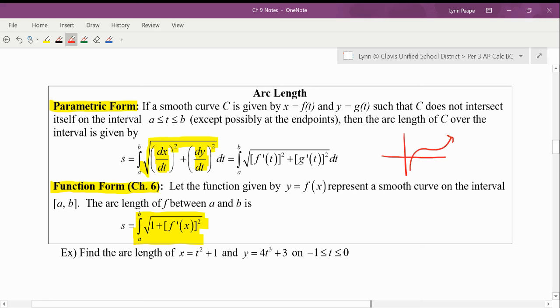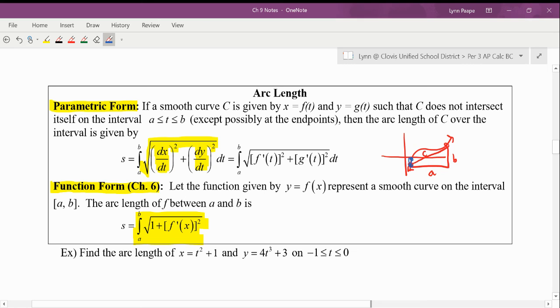So if I have this curve here, right, and I want to know, how long is this curve? If it were a straight line, which it's not, but if it were, then I could just do the Pythagorean theorem, right? I would just do a squared plus b squared is equal to c squared, and it'd be that length. And integration is the beauty of adding up little tiny things. So if I were to figure out how long is that, that kind of looks like a straight line, yeah?